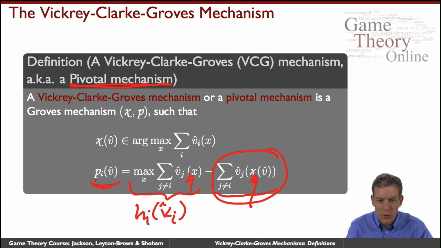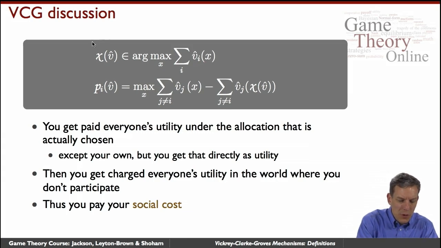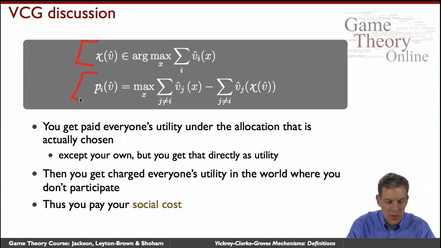Okay, so let's have a look at what we end up with here. And so we've got this structure, something which maximizes overall utility and a particular payment scheme. And so what you get paid is everyone's utility under the allocation that's actually chosen, except your own.